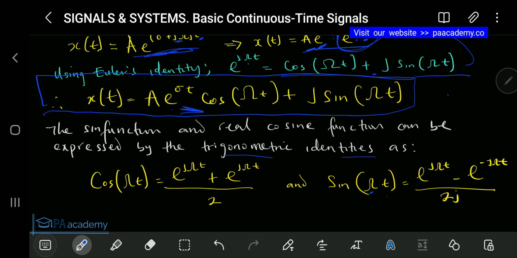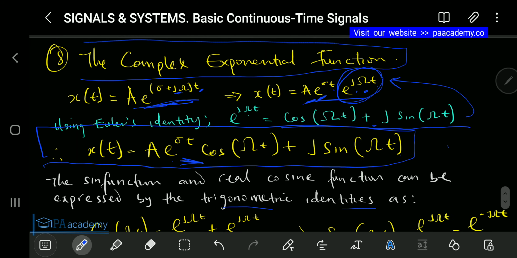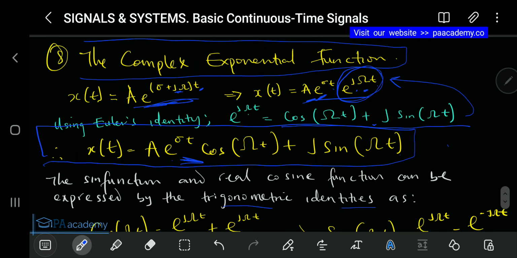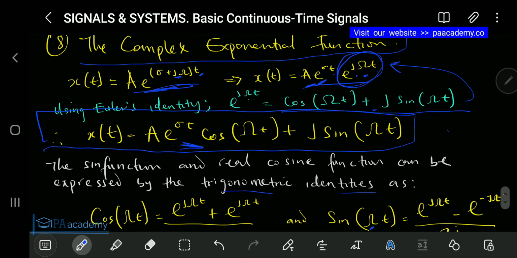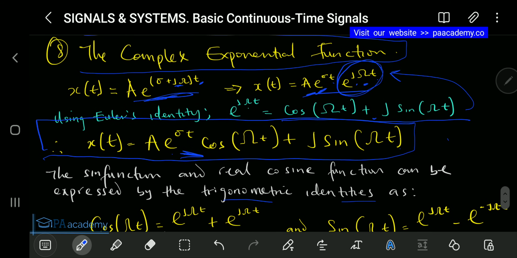This is omega, please. This is omega, not ohms. Sine omega t is equals to exponential raised to power j omega t minus exponential minus j omega t over 2j. Exactly. So this is it for the complex exponential function. Just like the name complex, there's no doubt it's looking a little complex, but if you understand it, you won't have any problem with it.